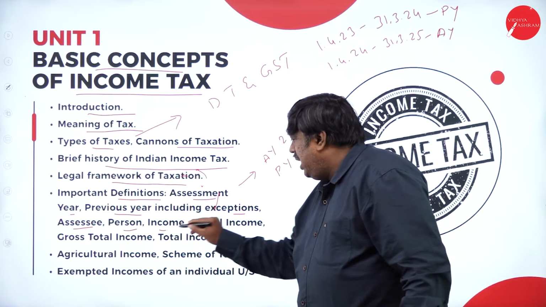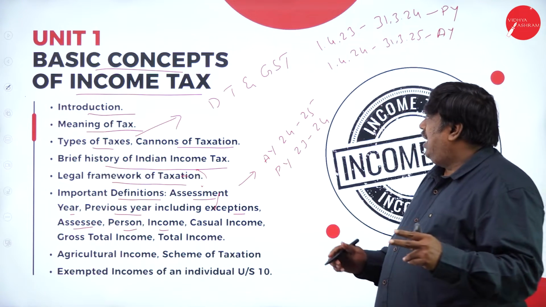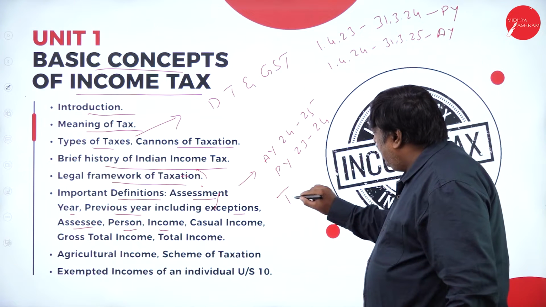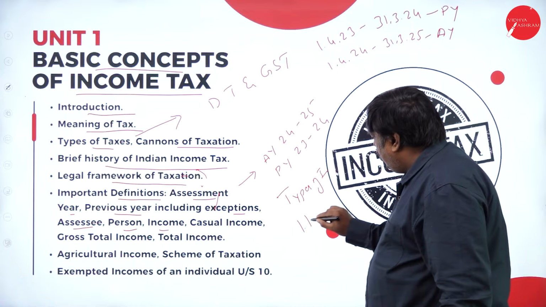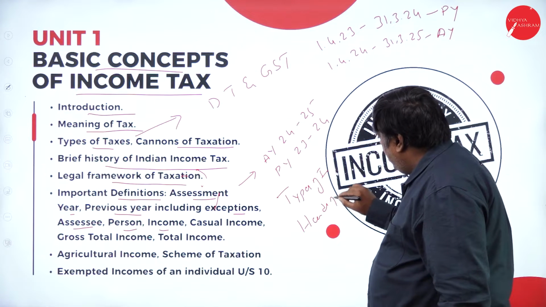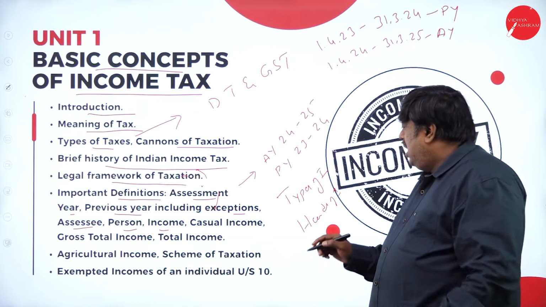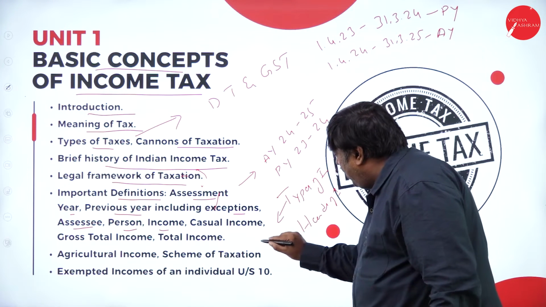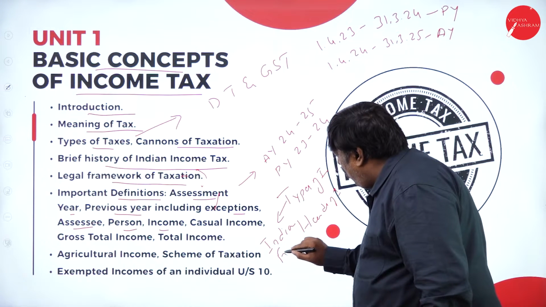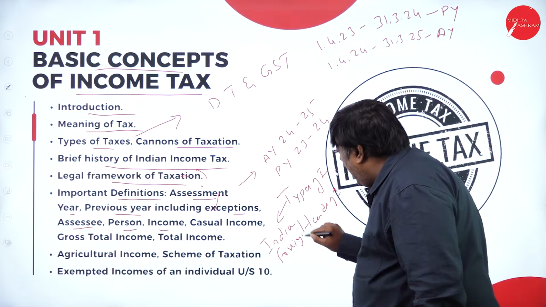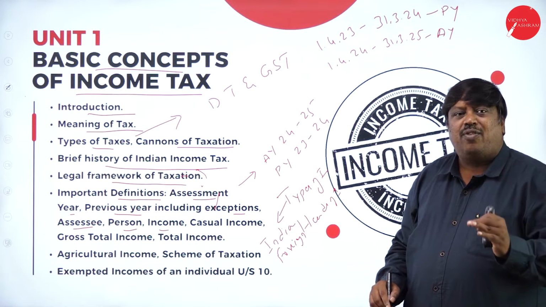Next, we're going to learn income. Here, the concept we have to learn clearly. There are 2 things here: types of income and heads of income. Whenever the question comes, types of income means we have 2 types of income: Indian income and foreign income. If they ask types, then I have to say Indian income and foreign income.